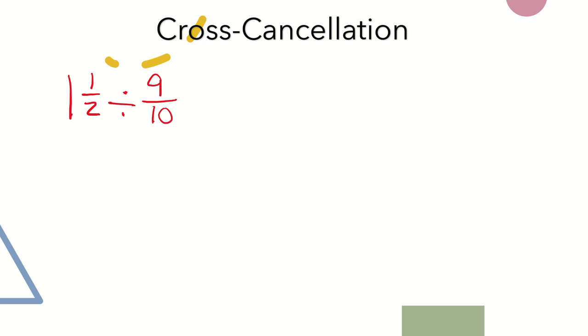Times, add. 1 times 2, that's 2, plus 1, that's 3 over 2. Remember when we divide fractions, we do keep, change, reciprocal, or keep, change, flip. Keep my first fraction, change, and then I'm going to divide. So in this case, reciprocal, 10 over 9.